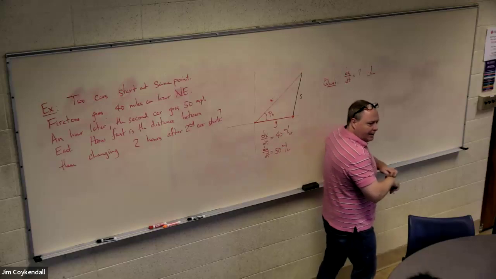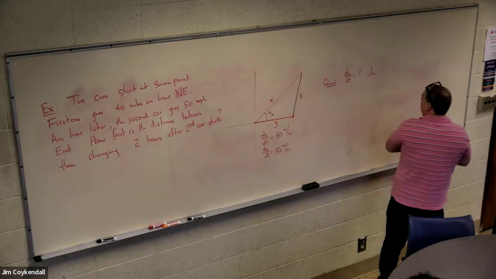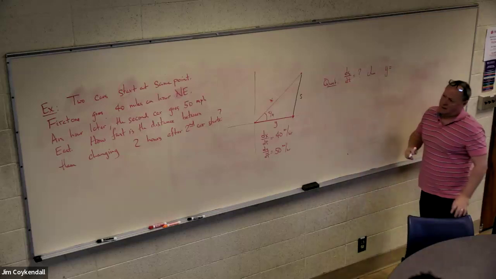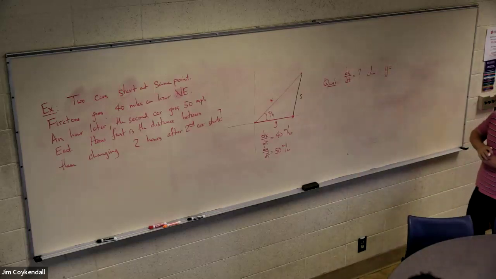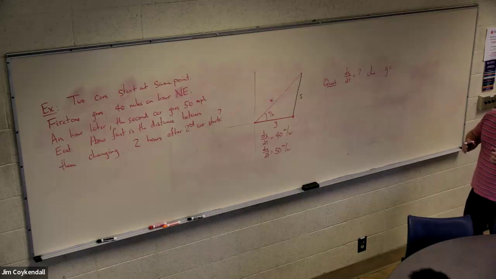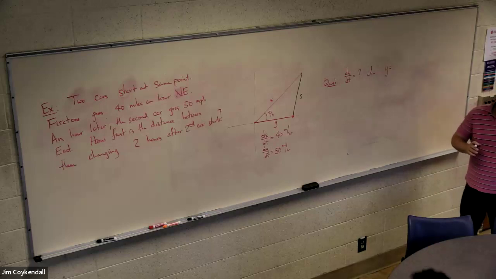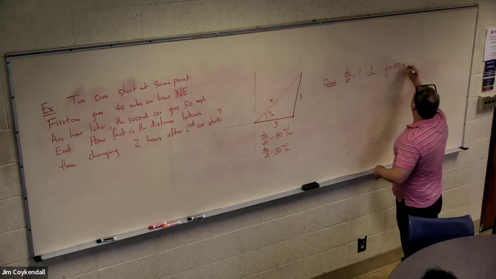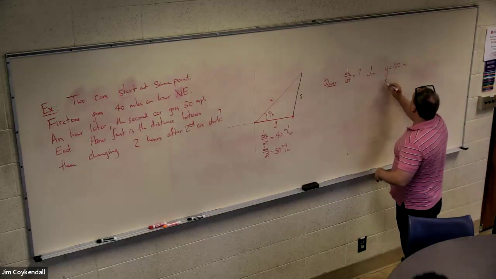So what should Y be? Right, so Y is car two. And it's been going, what? 2 hours? 50 miles an hour, so what should Y be? 100. And what about X?